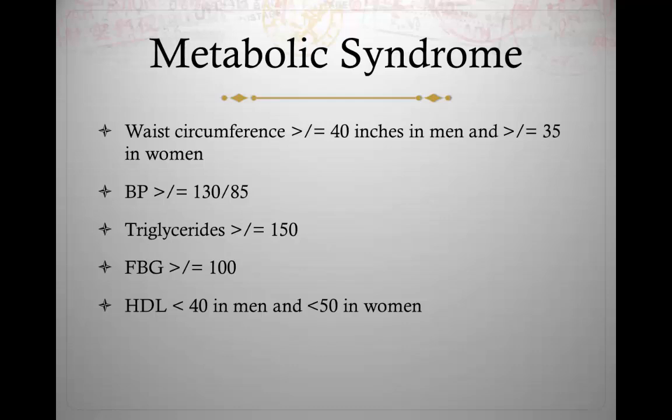Excess abdominal fat leads to excess free fatty acids in the portal vein, increasing fat accumulation in the liver. Fat also accumulates in muscle, producing insulin resistance with hyperinsulinemia. Glucose metabolism is impaired, and dyslipidemias and hypertension develop.